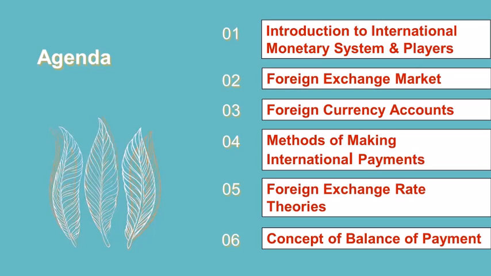We will also discuss the foreign exchange market, foreign currency accounts, and methods of making international payments. Then we discuss some popular foreign exchange rate theories, and the most important thing, the concept of balance of payment. So this is our agenda for the fourth module. Let's go into a detailed discussion.